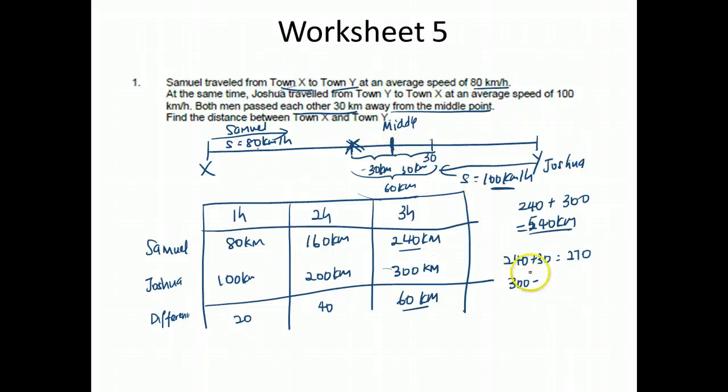If you move back to the middle, I must minus 30, which is also 270. 270 plus 270, my total distance will be 540, which is the distance of X and Y, and 270 kilometers is the middle of the distance. So the distance between town X and Y is confirmed at 540 kilometers.